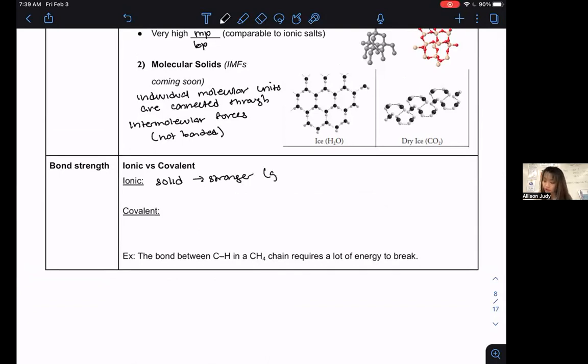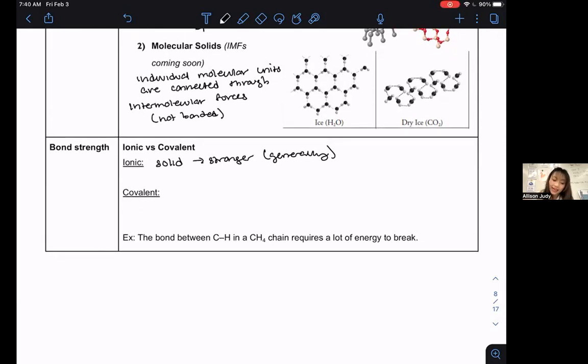Generally speaking, very generally. Okay. That's because the actual structure itself is, again, one giant bond, right? The lattice structure of cation to anion.